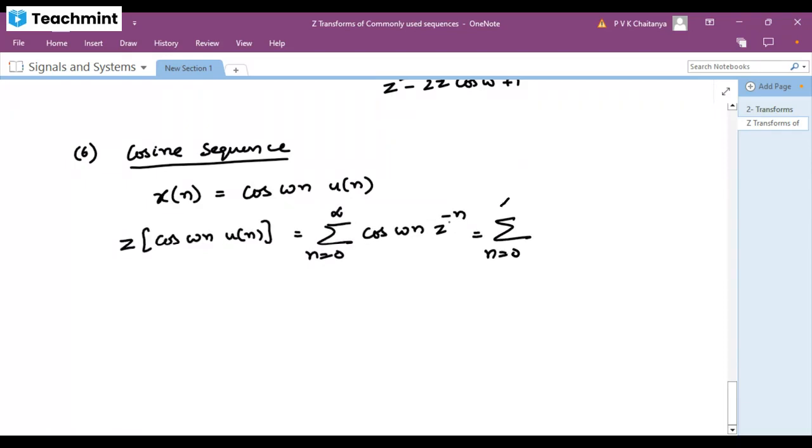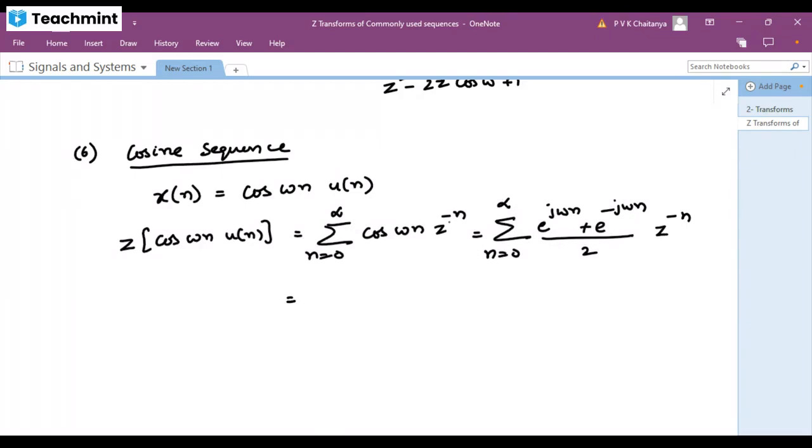I can write cos omega n as e power j omega n plus e power minus j omega n by 2, multiplied by z power minus n.